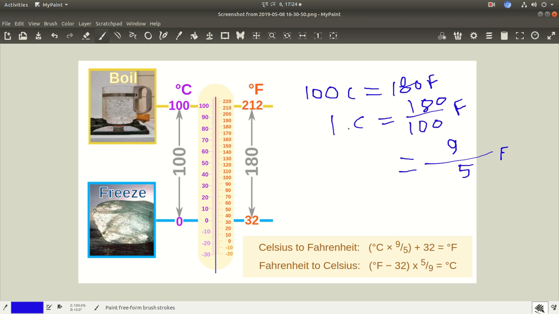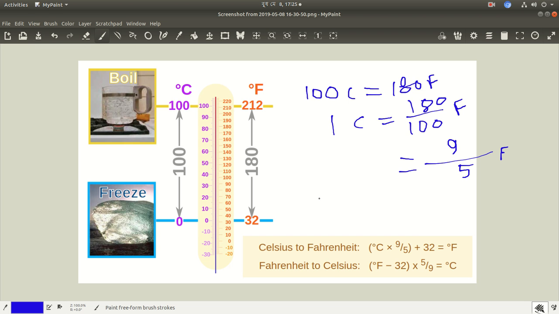So we can write that 100 distance in the Celsius scale equals 180 distance in the Fahrenheit scale. So one distance in the Celsius scale equals 180/100 distance in the Fahrenheit scale, that is 9/5 distance in the Fahrenheit scale. What this means is that 1 unit of distance in the Celsius scale equals 9/5 unit distance in the Fahrenheit scale.